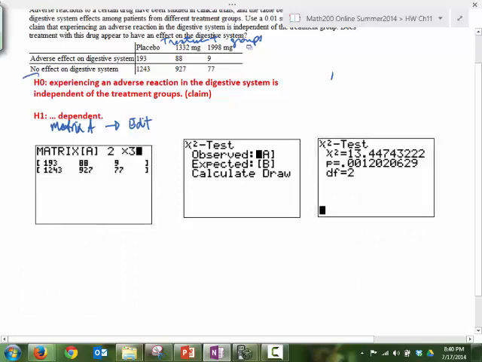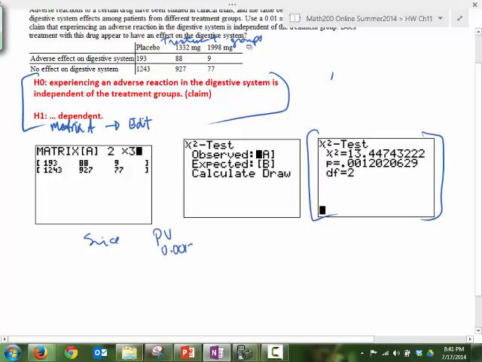So we got our null and alternative hypothesis. We got our values that we need to identify. And then we can say since PV, which is equal to 0.0012, is less than alpha, which is in this case 0.01, we reject the null hypothesis.